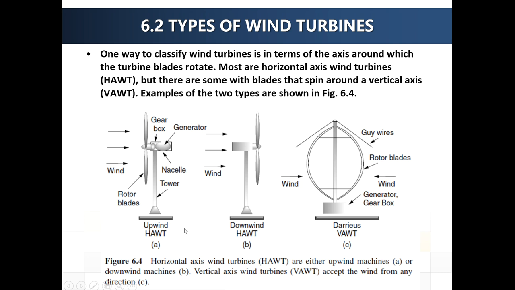As we can see, the horizontal axis wind turbine includes the tower and the nacelle. The nacelle contains the generator, and here is a gearbox. This is called a rotor blade. And upwind HAWT faces the wind.